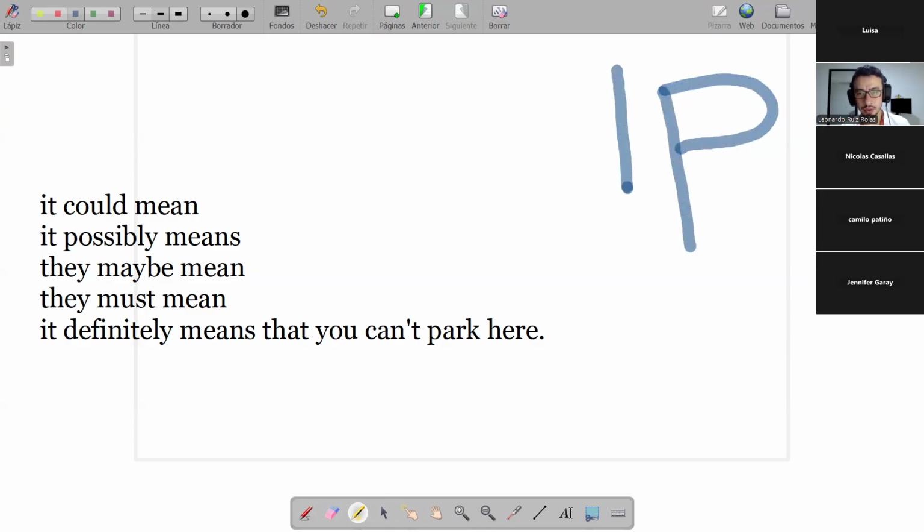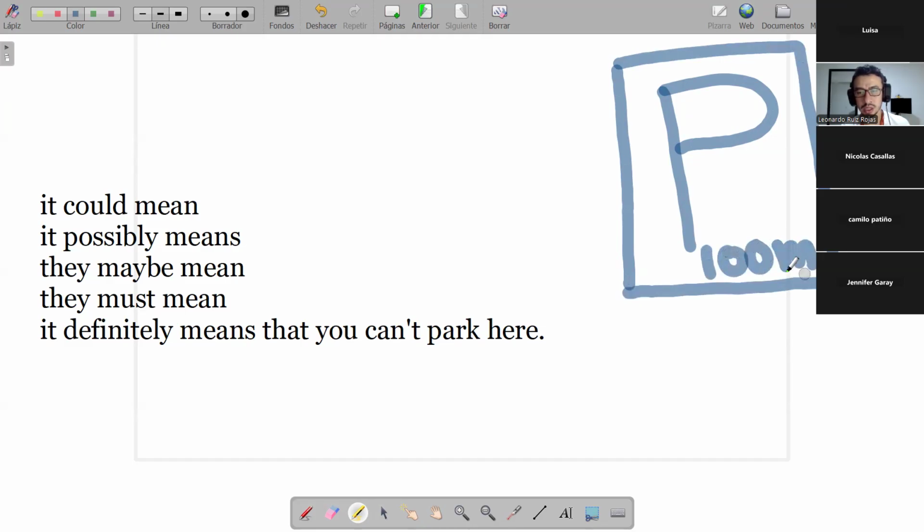It's a P, but usually it's a square and it says, for example, 100 meters and a P. What is the meaning of that sign? It possibly means that you can find a parking in 100 meters.